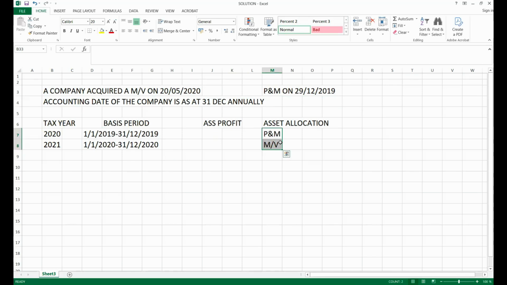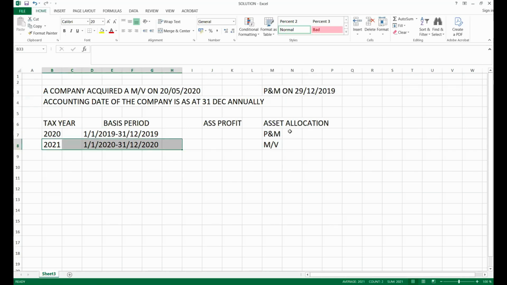The basis period determined for assessable profit will be used for asset allocation, to know when the asset will be available for capital allowance claim. So this plant and machinery we bring in 2020 for capital allowance claim, while the motor vehicle will be brought in from 2021 forward.